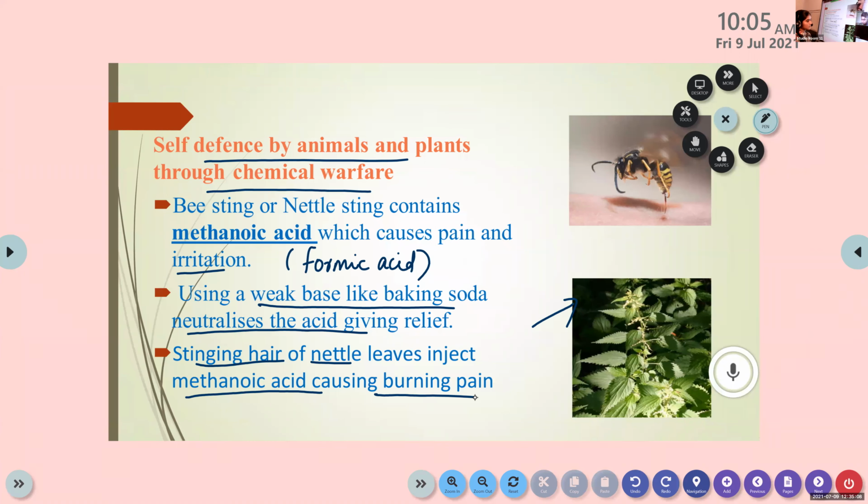We have discussed many points, right? Regarding our body, then soil, then the digestive system, then tooth decay, then acid rain, then the self-defense by animals and plants. So these are all the applications of pH in our daily life.